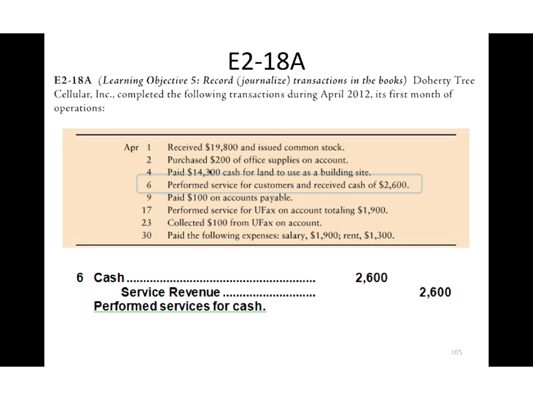Okay, so what we're going to see there is we're going to debit cash for $2,600, credit service revenue for $2,600.